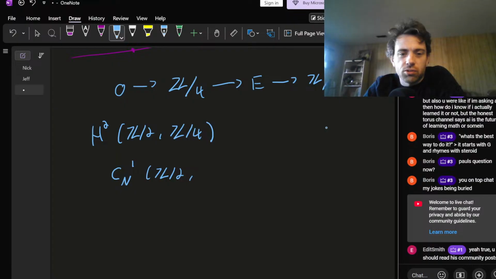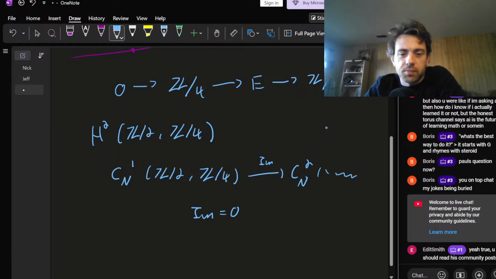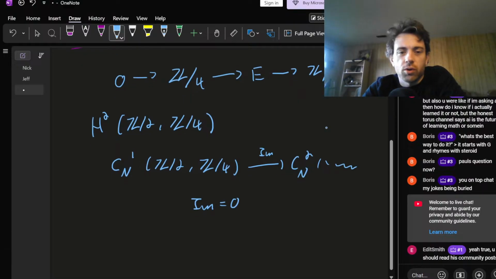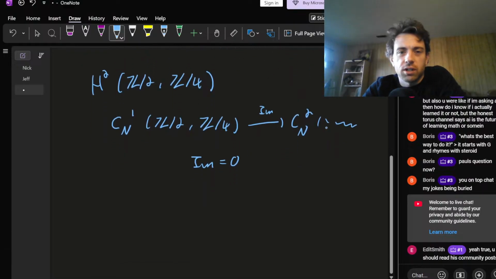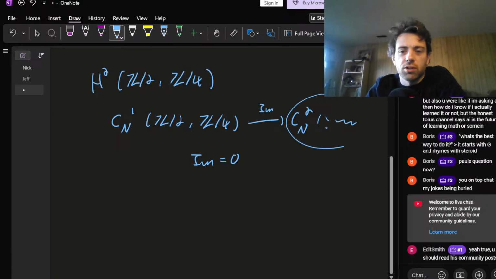And it turns out that the image of the map of normalized chains is trivial.